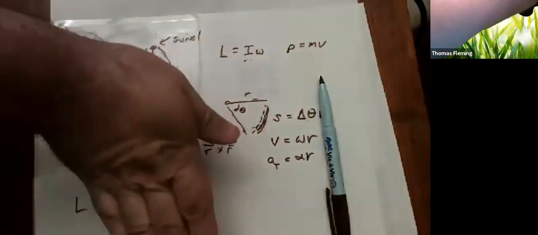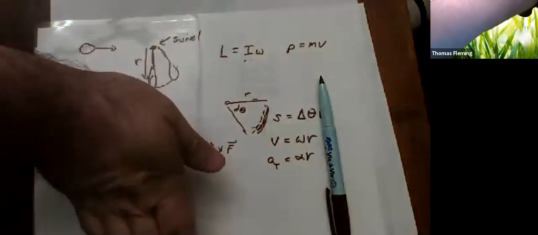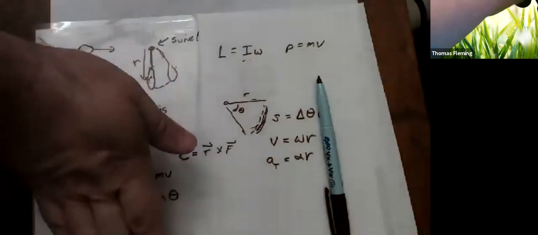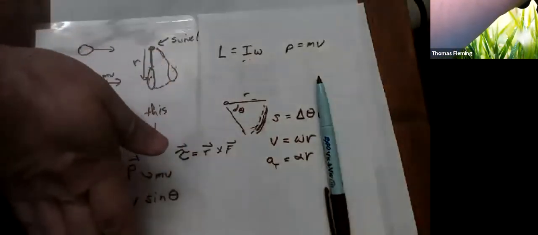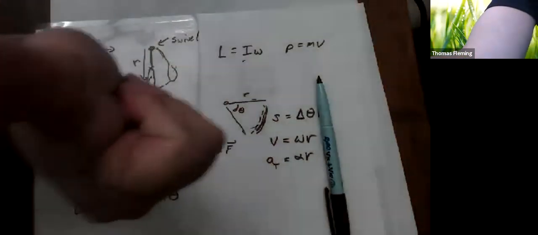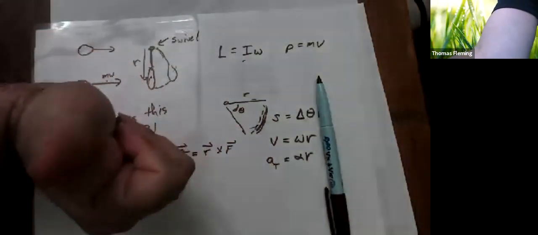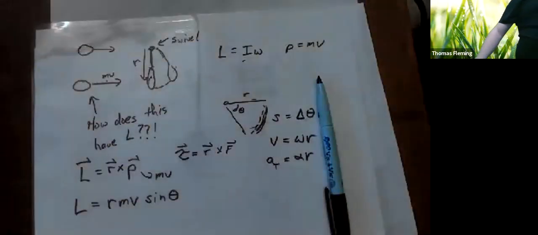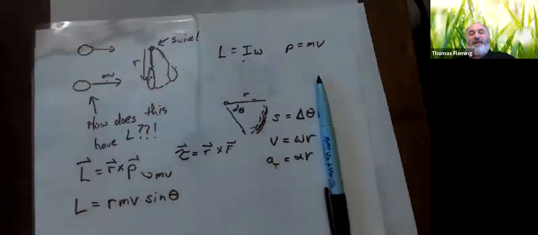But now I want to bend my fingers in the direction of P, but P is to the right. So my fingers are pointing downward, I've got to bend my fingers the other way, so I have to rotate my hand. And my thumb will point in the direction of the product. So in this case, my angular momentum vector points straight up out of the page towards the camera.